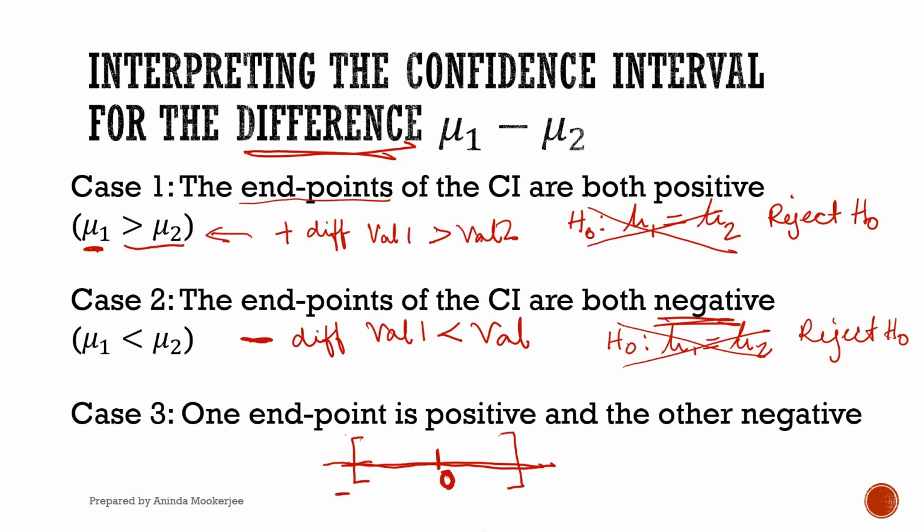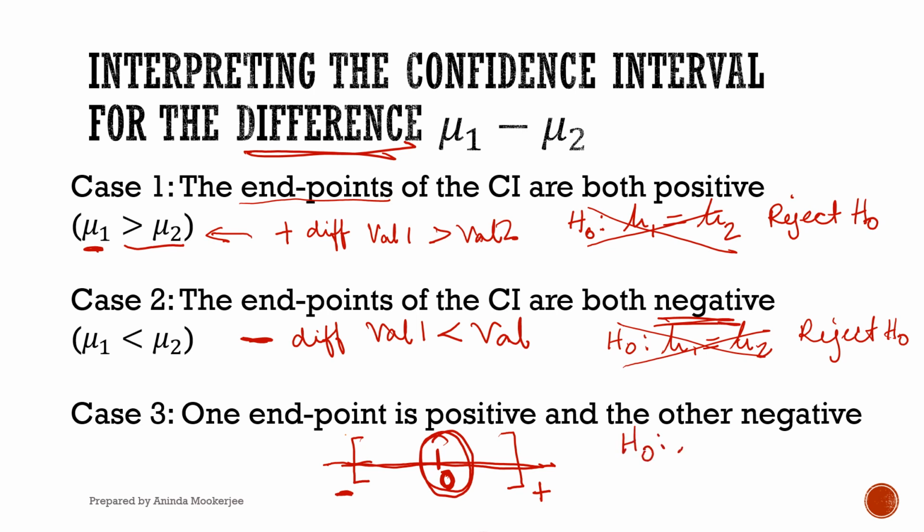Now this interval includes the difference of 0 in it. It includes a difference of 0. That means that the null hypothesis is true.